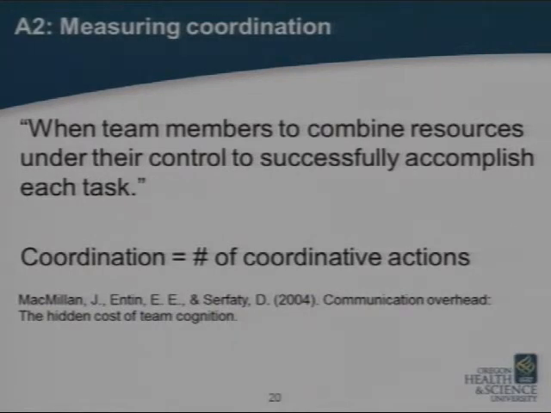For example, if you have two paramedics that are both looking at an EKG machine to assess the patient's pulse and then they both act on their own individual tasks, then that represents a coordination of a shared resource.